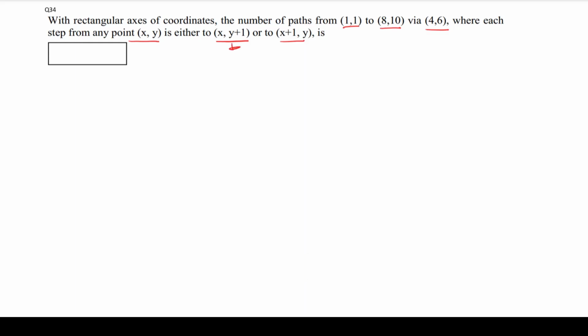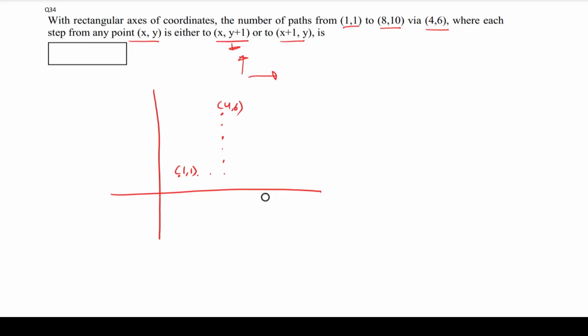It can move only upward or forward, so at any moment it will move either one step upward or one step forward. Let (1, 1) be here, and then 2, 3, 4, and 2, 3, 4, 5, 6. This will be (4, 6).